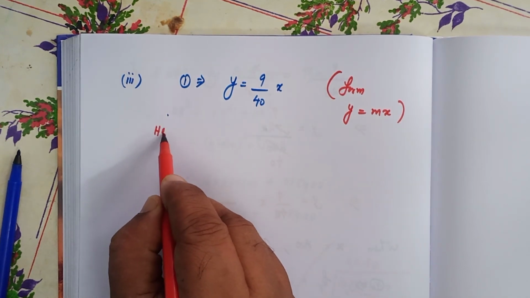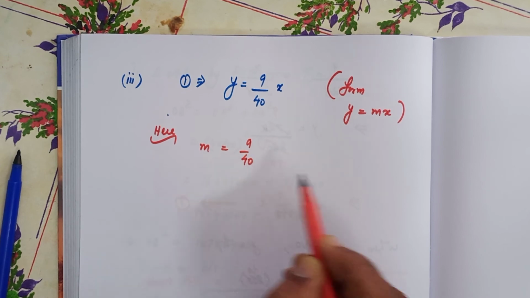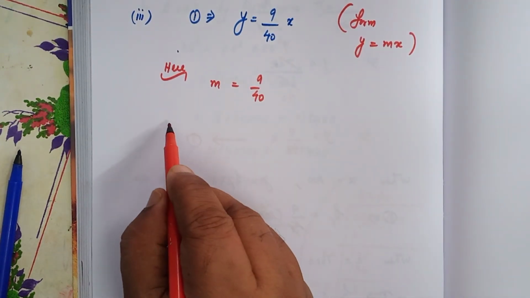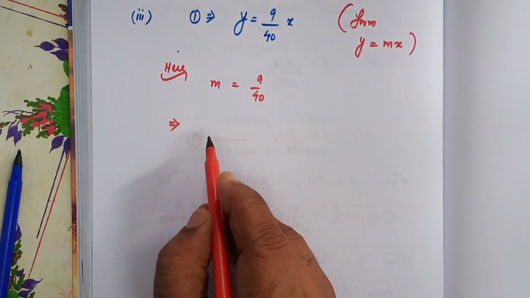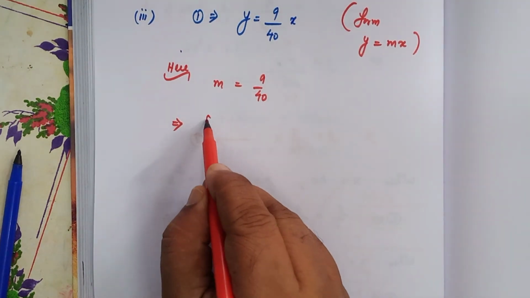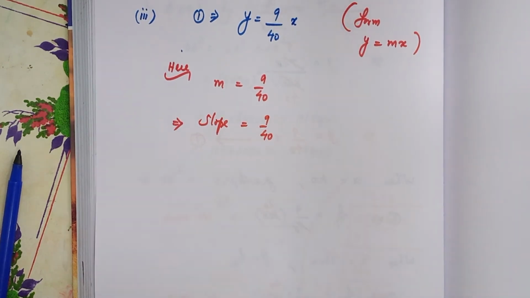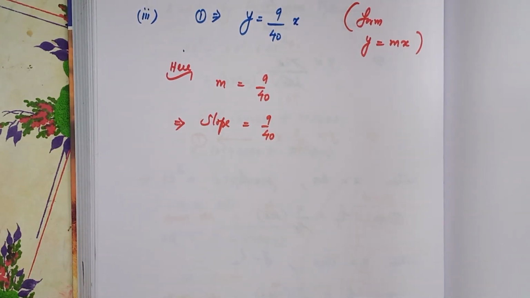Here m is equal to 9 by 40, which implies slope, m represents slope, is equal to 9 by 40. You can write the result.